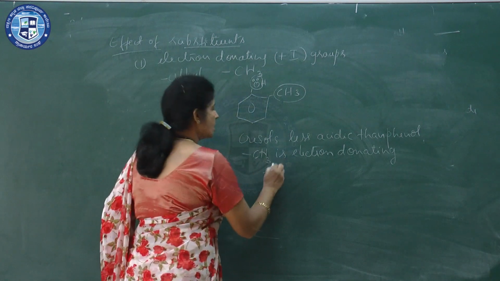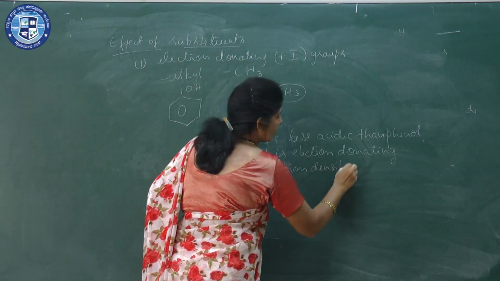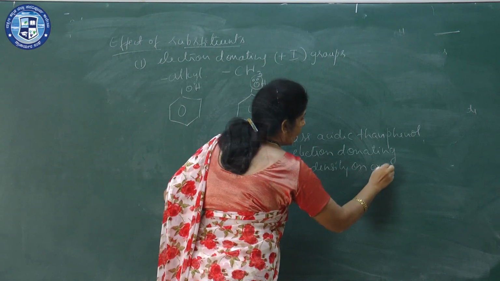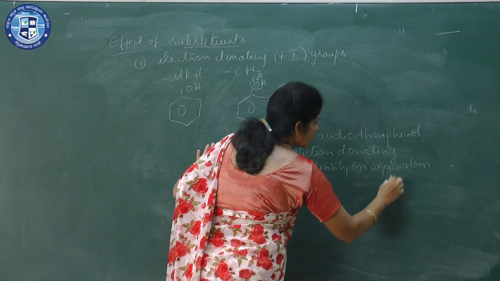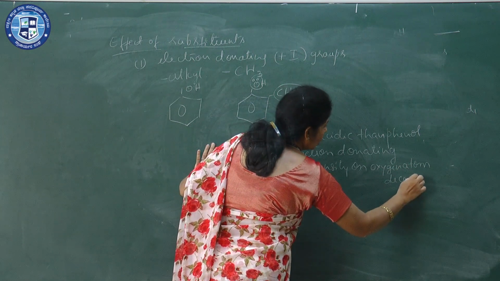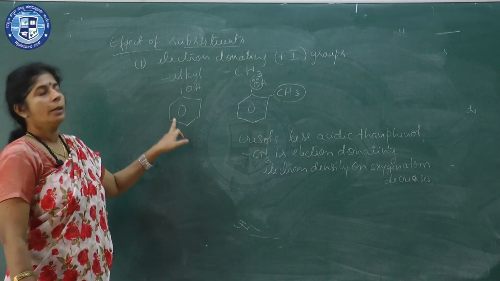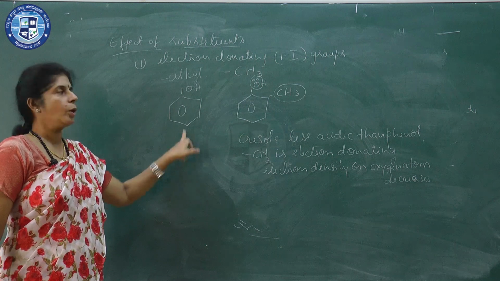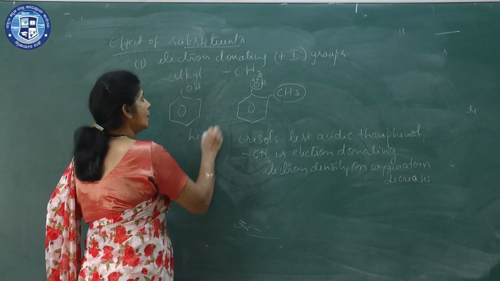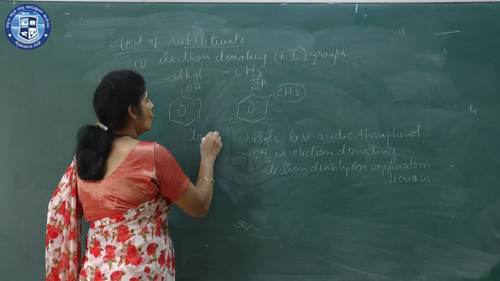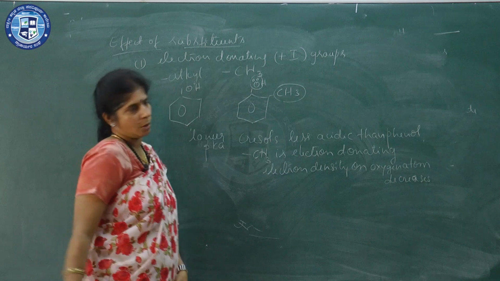So the electron density on the oxygen atom increases, thereby decreasing the stability of the phenoxide ion. That is one portion. That means phenol is more acidic than cresol, or phenol has a lower pKa value compared to cresols.